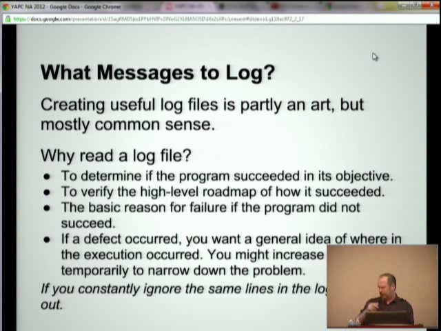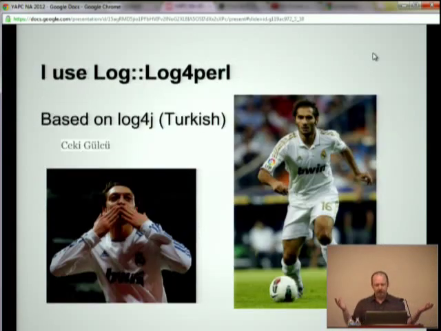People sometimes try to provide too much information so they'll have all the debug information they need to narrow down the problem, although that usually doesn't work. You can always temporarily increase the logging and narrow it down. And as a rule of thumb, if you're always skipping through lines when reading a log, then why are they there? Take them out.